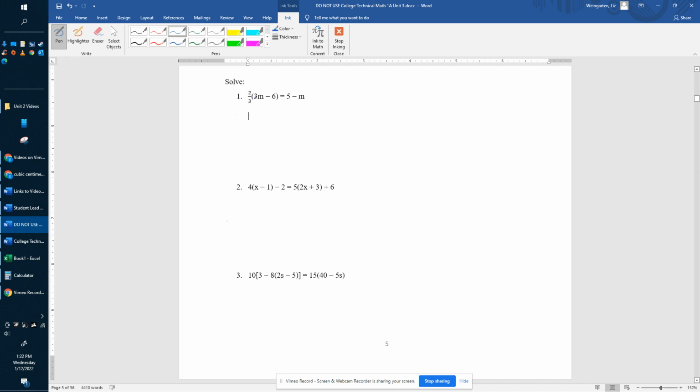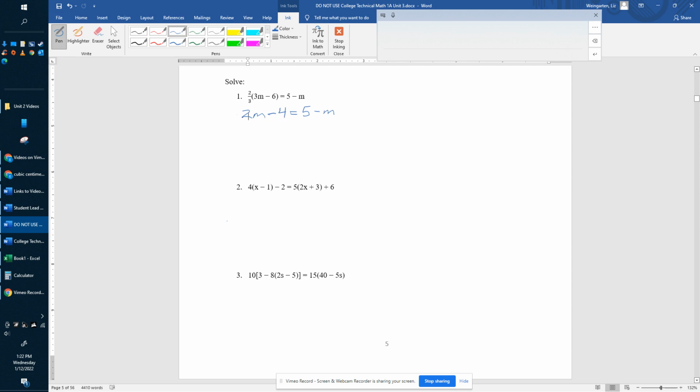So 2/3 times 3m, the 3's are going to cancel out. We're going to end up with 2m. 2/3 times 6, we're going to have negative 12 over 3, which reduces down to negative 4. There's nothing we can do on this side, so we'll just simply rewrite it.